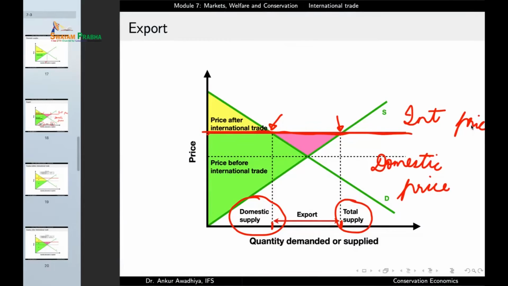So if the seller is not supplying it to the domestic market, who is he or she supplying it to? The answer is the international market. So the difference gives us the total amount that is being supplied outside, or the total amount that is getting exported out. The difference between the total supply and the domestic supply gives us the amount of export.